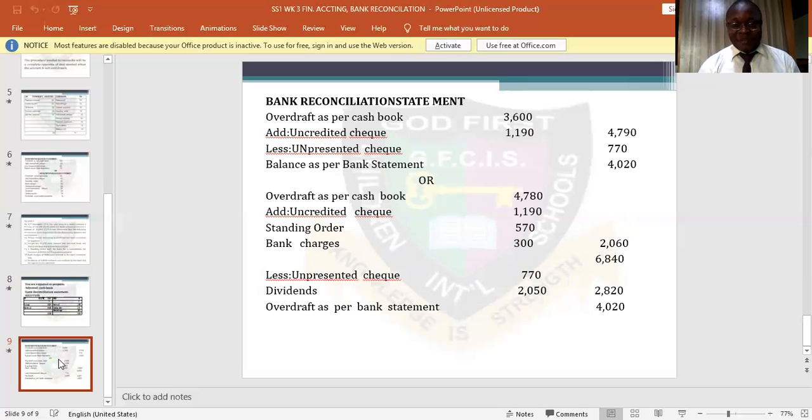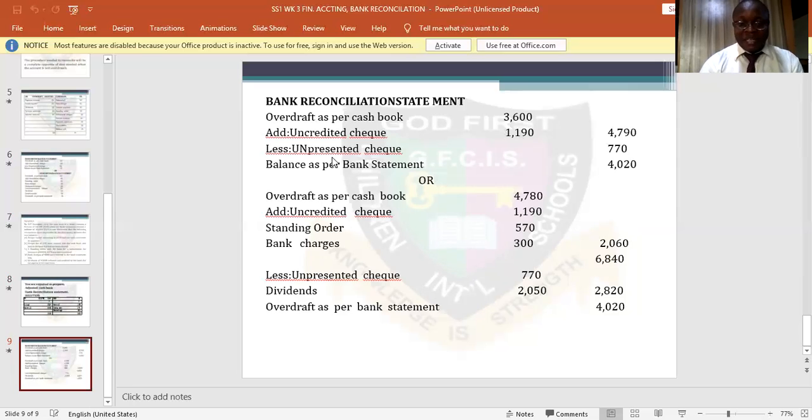The uncredited check we are going to add is 1,190 naira, because this check has yet to be cleared by the bank. So you add the two together, 3,600 naira and 1,190 naira, and you are going to get 4,790 naira.